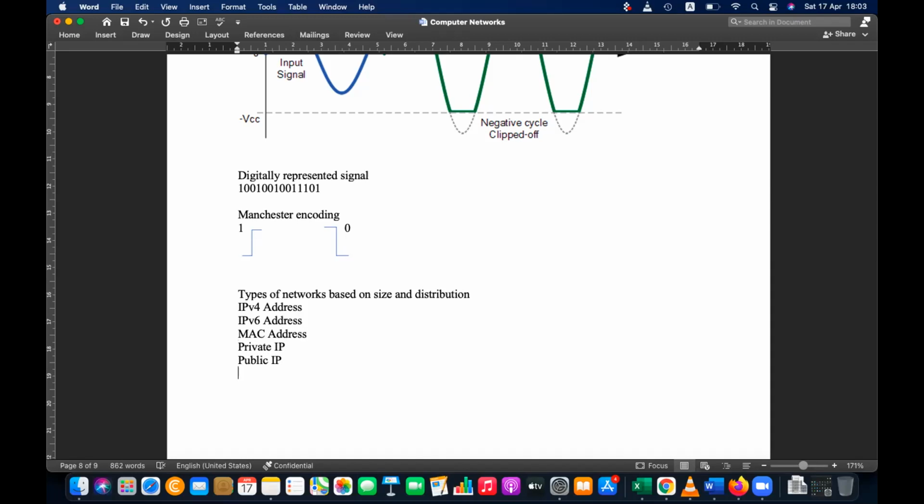Then about class A, B, C, D, and E. Then about CIDR, classless inter-domain routing.